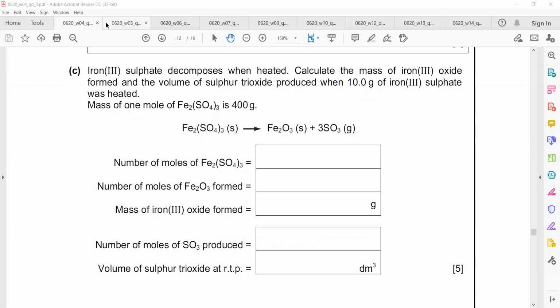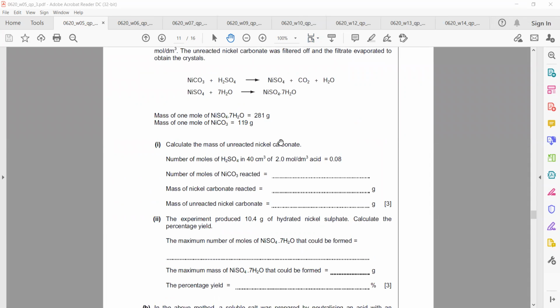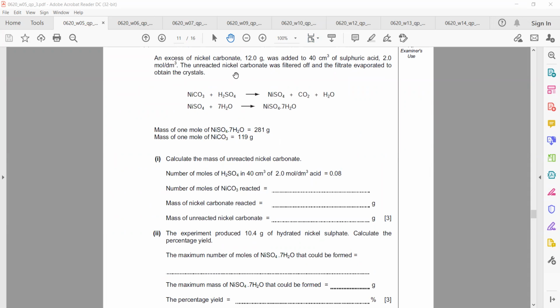Then another question. This question has two parts. One is about the percentage yield, and the first one is about finding reacted and unreacted moles. Both parts are interrelated.